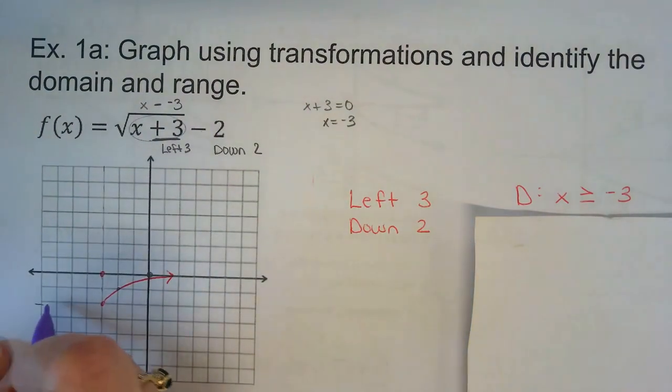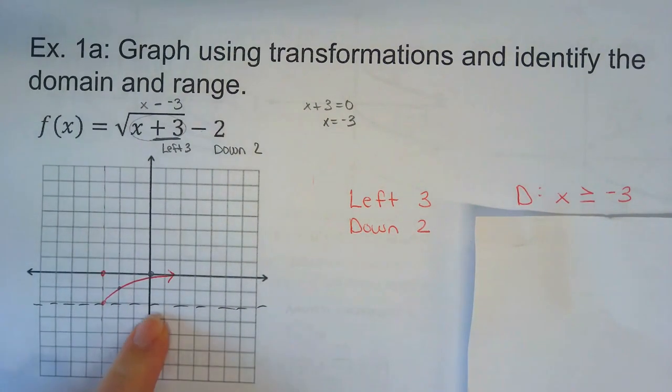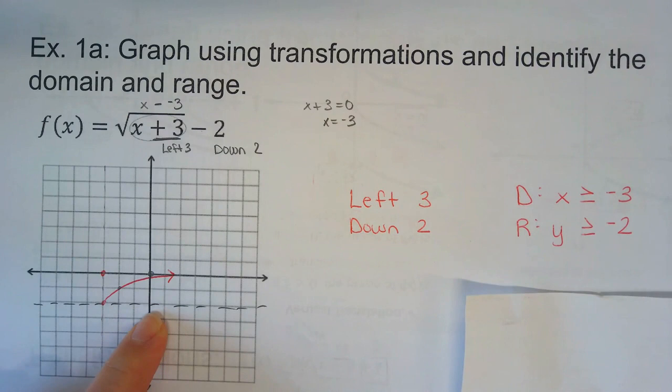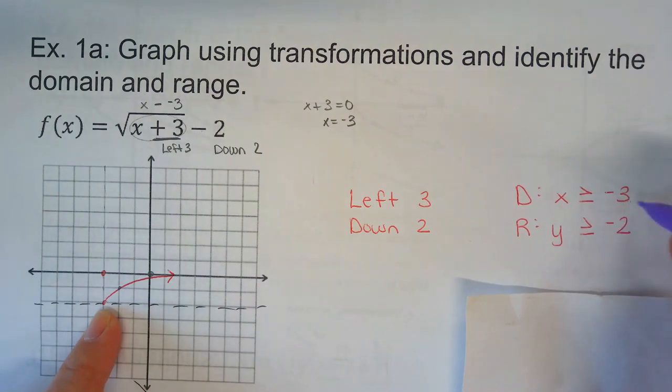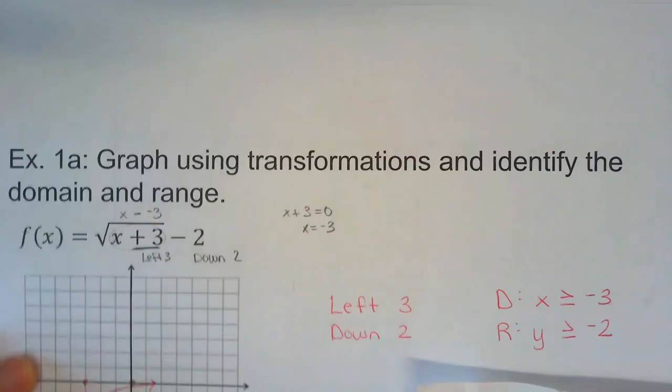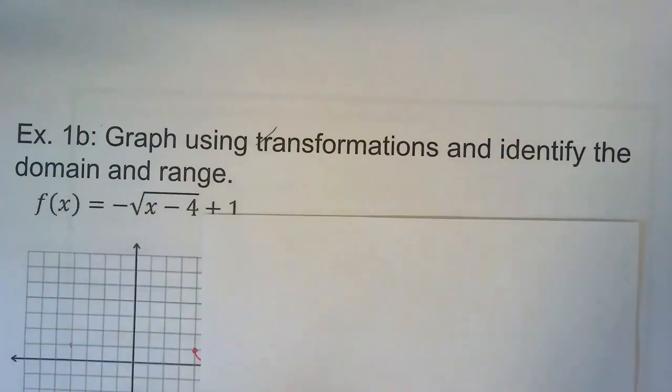No, because I can see that it is stopping at this point here. So I have all of my y's greater than or equal to negative 2. So this vertex point that you have here will help you determine what you're going to have for your domain and range. Pause the video and try the got it question.